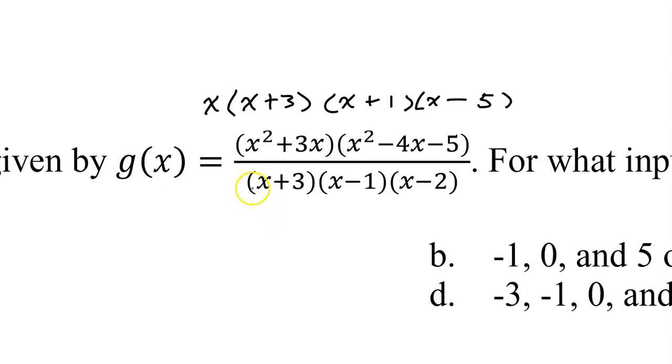So I carelessly said that the zeros of this function will be where the numerator is equal to 0. And that's usually true, but I have to be a little bit more careful than that.